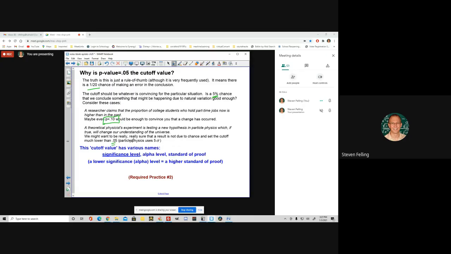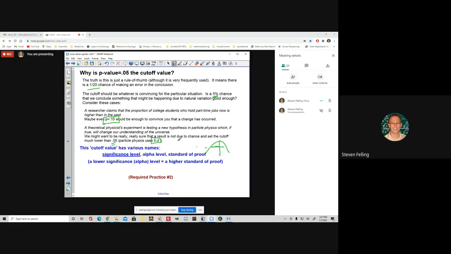In fact, particle physics research, their cutoff value for deciding something's unusual is there has to be 5 sigma. In other words, you have to take whatever the standard deviation is here. And 5% is about 2 standard deviations below or above the mean. They require that you're 5 standard deviations away to be considered unusual enough to be considered statistically significant for a particle physics experiment.